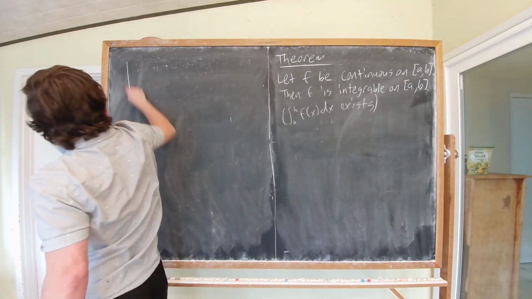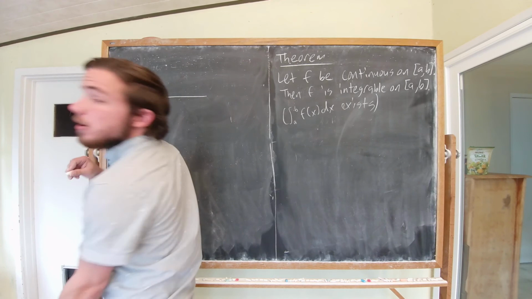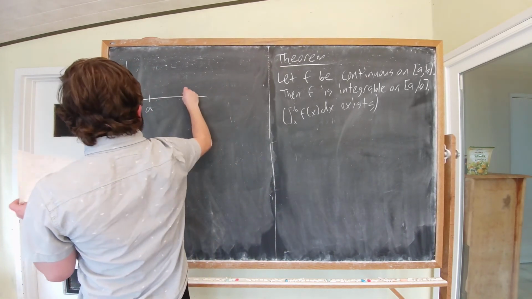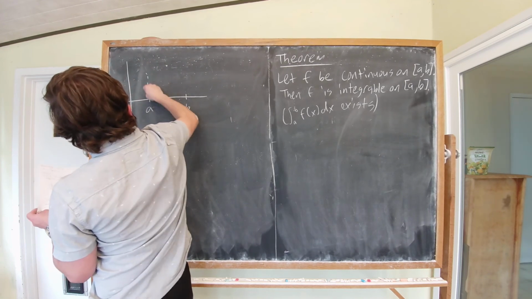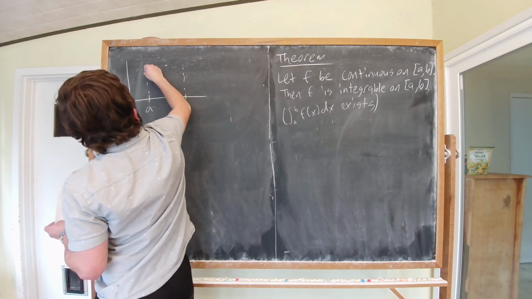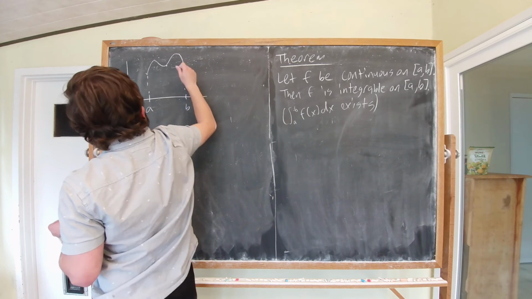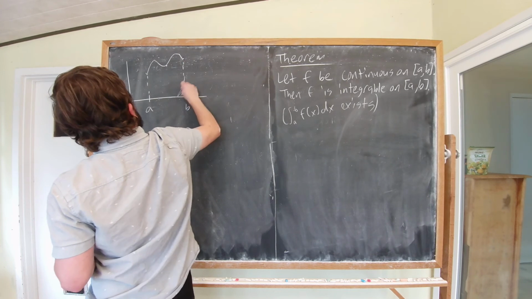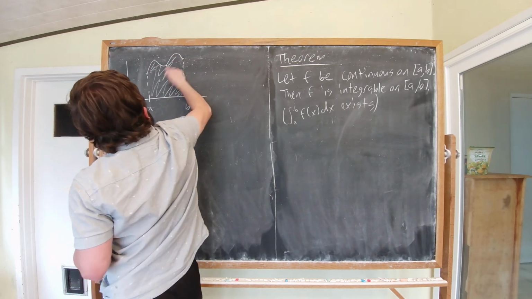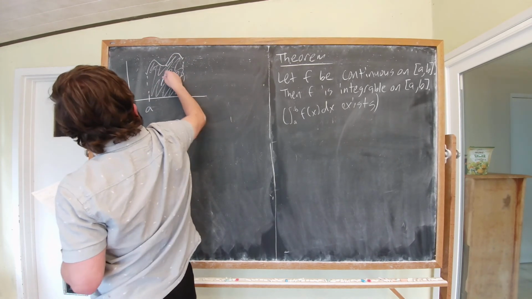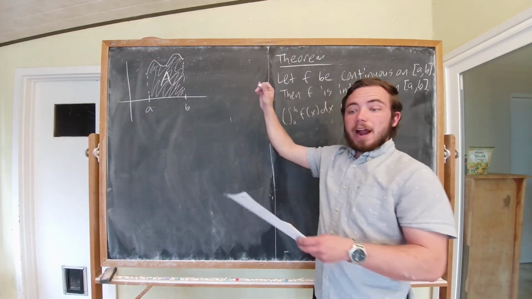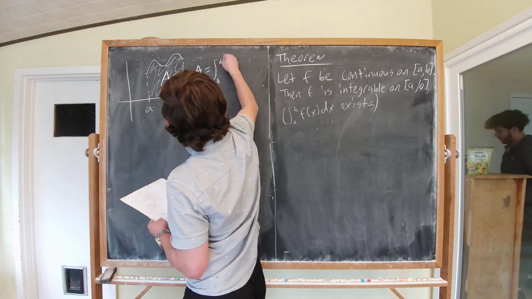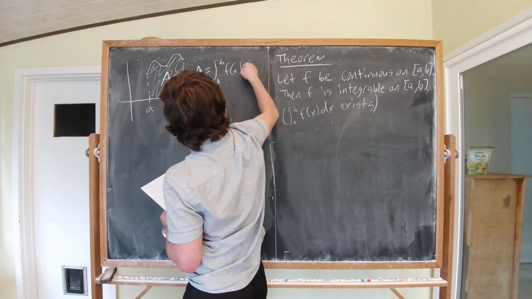If we have a function that is non-negative between a and b, then the definite integral is truly the area under the curve. So you have this area A. It is directly true that A is the integral from a to b of f of x dx.